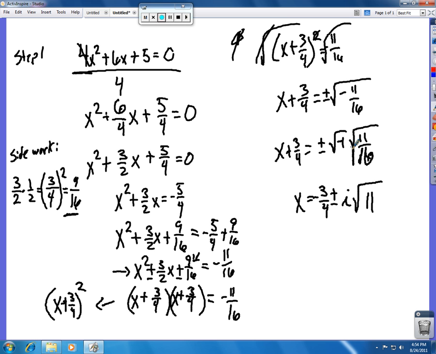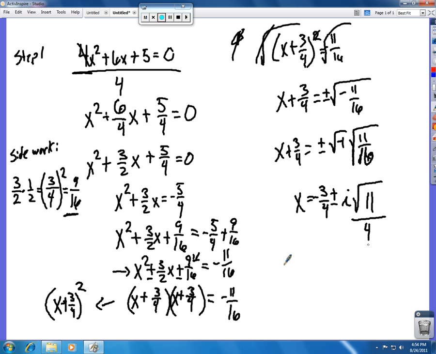And we all know that the square root of 16 is 4. So let's go ahead and simplify that a little bit. That way we have an easier, cleaner denominator, and you also don't have the radical in the denominator, which is something you always want to avoid. So your final answer, you have two of them.